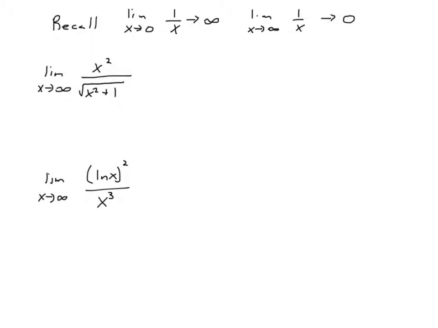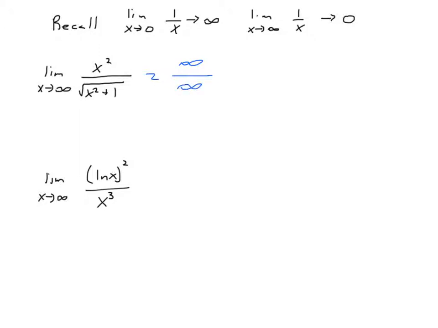So in this case, our next one, we have the limit as x approaches infinity now of x squared over the square root of x squared plus 1. Well, in this particular problem, if I do a direct substitution, I put infinity in for x, and I'm going to get infinity squared, which is infinity, over the square root of something very big, and the square root of infinity is also infinity.